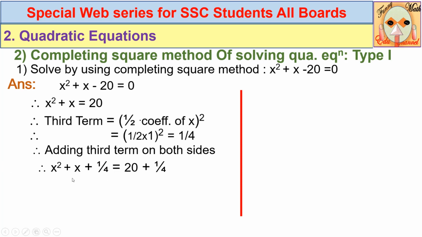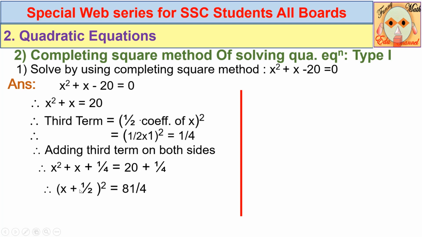So adding, you get x square plus x plus 1 upon 4 on the left, and on the right 20 plus 1 upon 4, which means we have added 1 upon 4 on both sides. Now the left hand side becomes a complete square of the bracket x plus 1 half, bracket square.